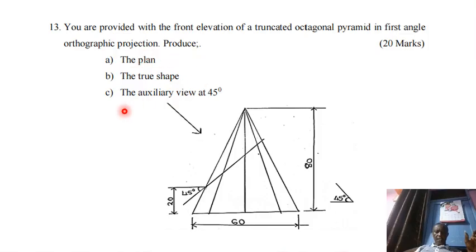Another thing that we have been asked for is the auxiliary view, and the auxiliary view is going to be in this direction. So the auxiliary view is simply a view of this object in the direction of 45 degrees.